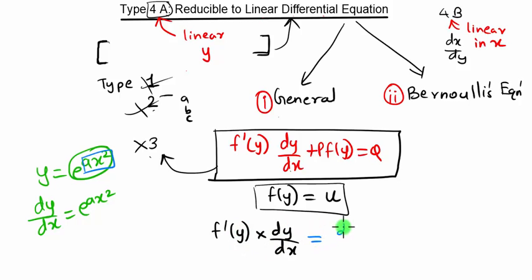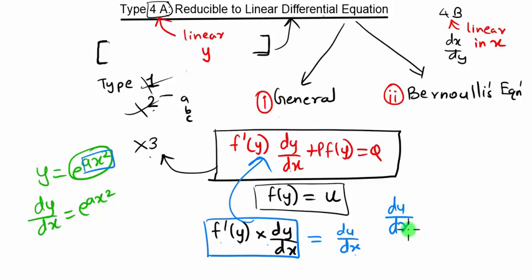So this will be equal to du by dx. As you can see, if we substitute this term, which is f dash y into dy by dx, as du by dx, our equation will be du by dx plus p into u equal to q, where p and q are functions of x. So this equation is similar to type 3.